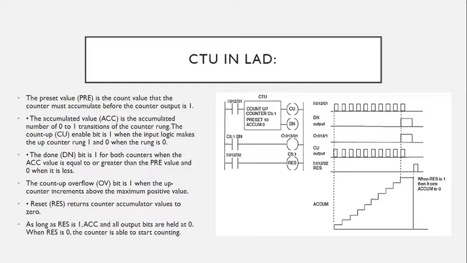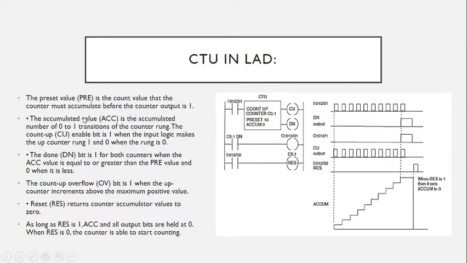So you can see the done pin turns to 1 only when accumulation is completed. In this case, we have a preset value of 10. So we have 1, 2, 3, 4, 5, 6, 7, 8, 9, and 10. This is the 10th edge, and that's why the accumulation is complete, and then we have 1 in the output, the done pin.